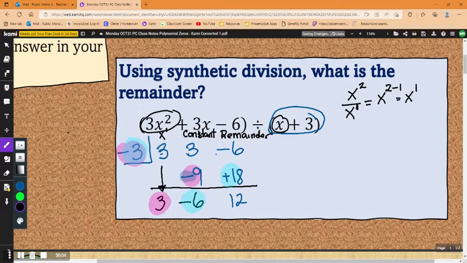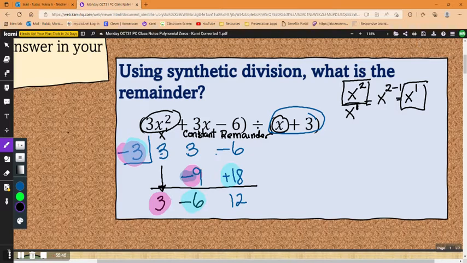So that means if I start with this degree polynomial, my answer is going to be 1 degree less. That's just the rule. It's always like that. When you're dividing polynomials, whatever the degree that you start off with, your answer is going to start with 1 less as the first term.